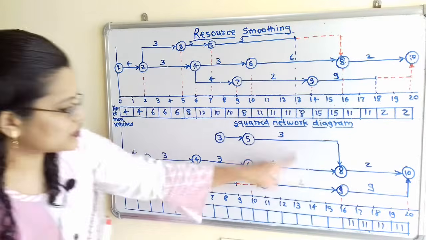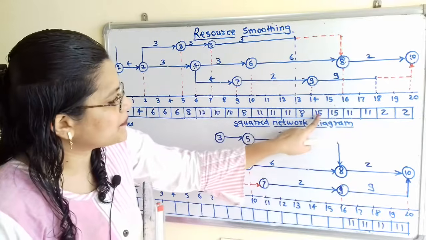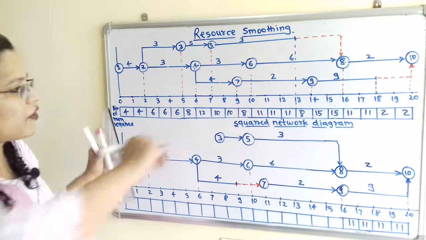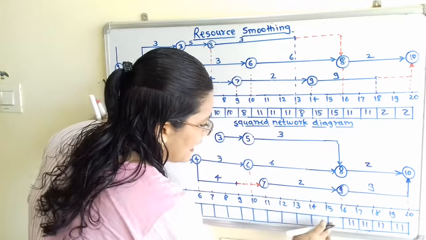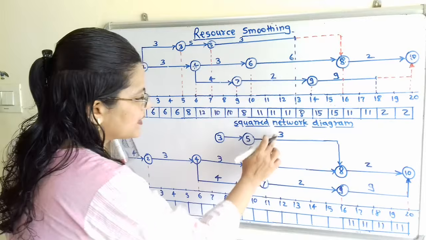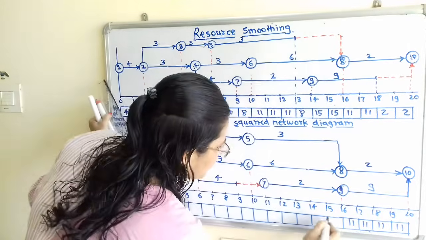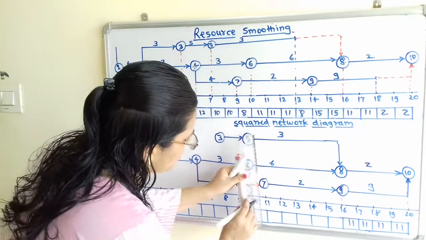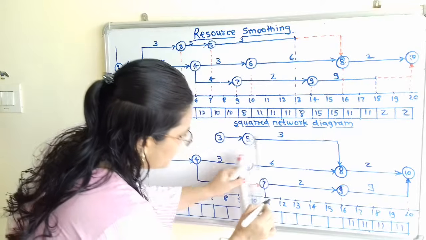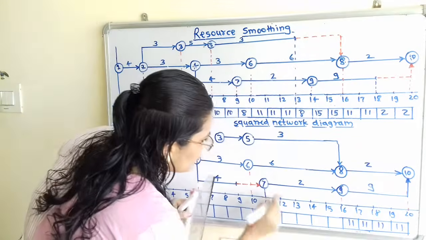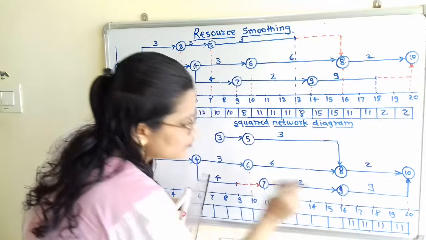Now we will mention the total manpower required. Previously, if we observe, here is 15 and here is 15, for this 16th week as well as the 15th week. Now what is the calculation here? Here it is 6 plus 3 plus 2, that is 11. So we have to keep this calculation of 11 up to the 11th week, because if I transfer the dash line here, these 3 activities continue from the 11th week to the 16th week.